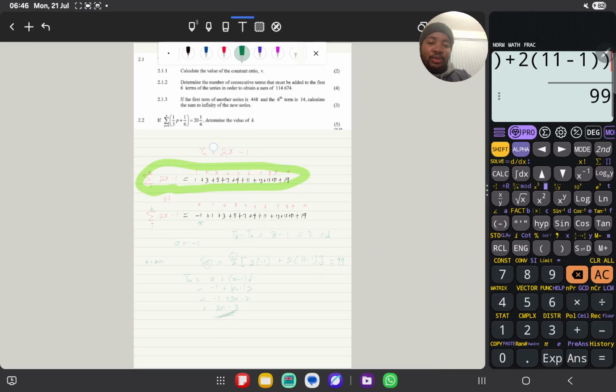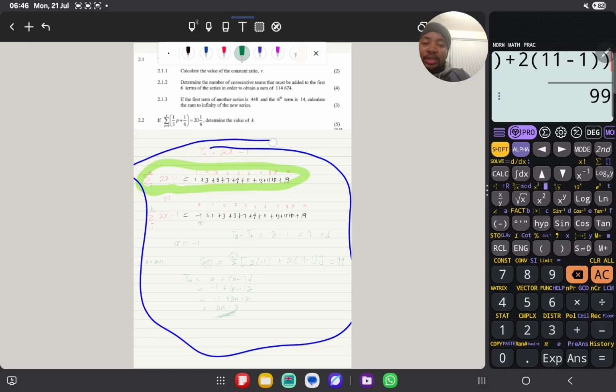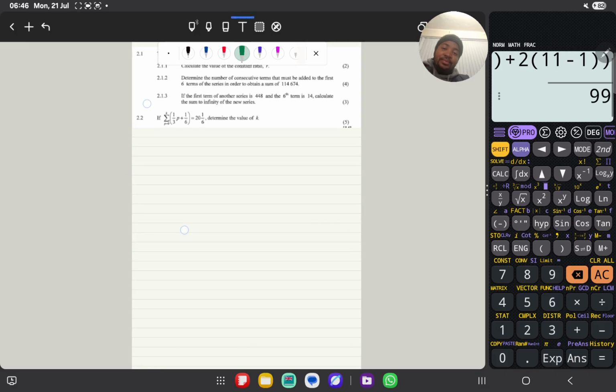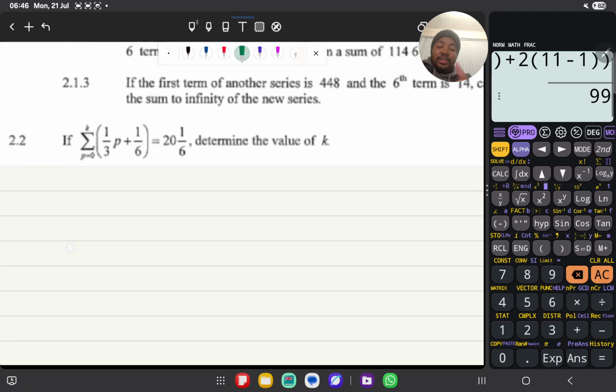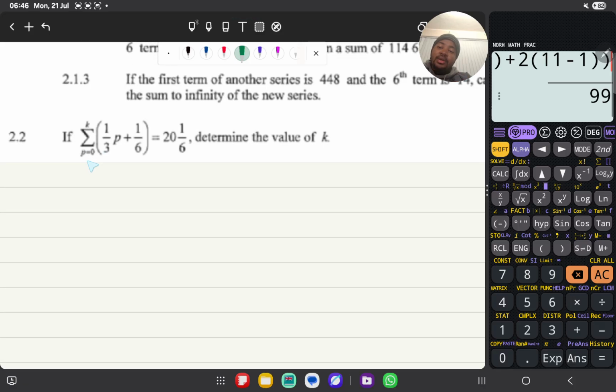So now we're going to talk about this question. How then are we going to attack it? So first thing first, you see you are starting from p equals 0, right? You are starting from p equals 0. So then I can say, okay, I can do this, say first term, t1, right?